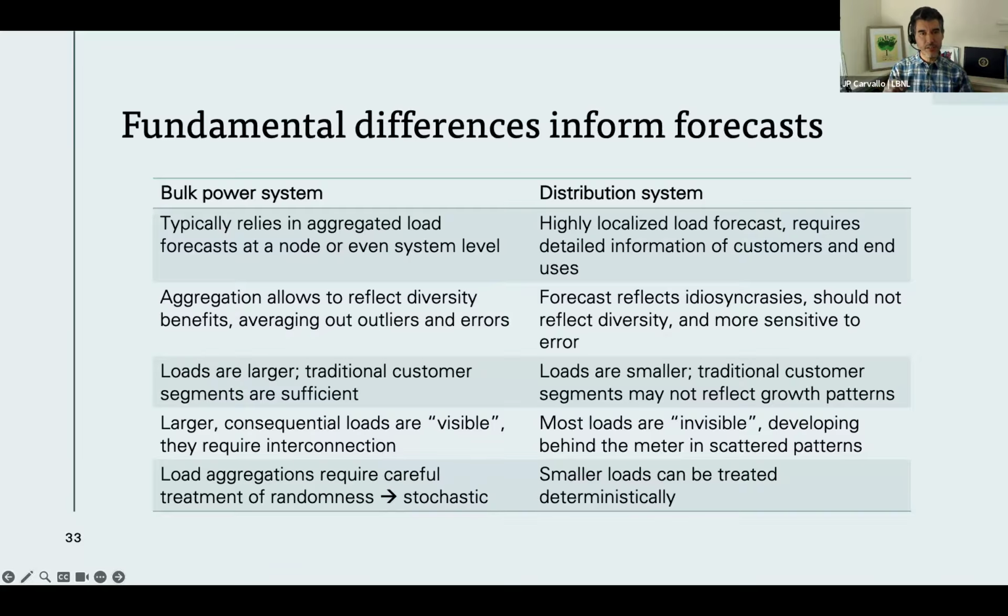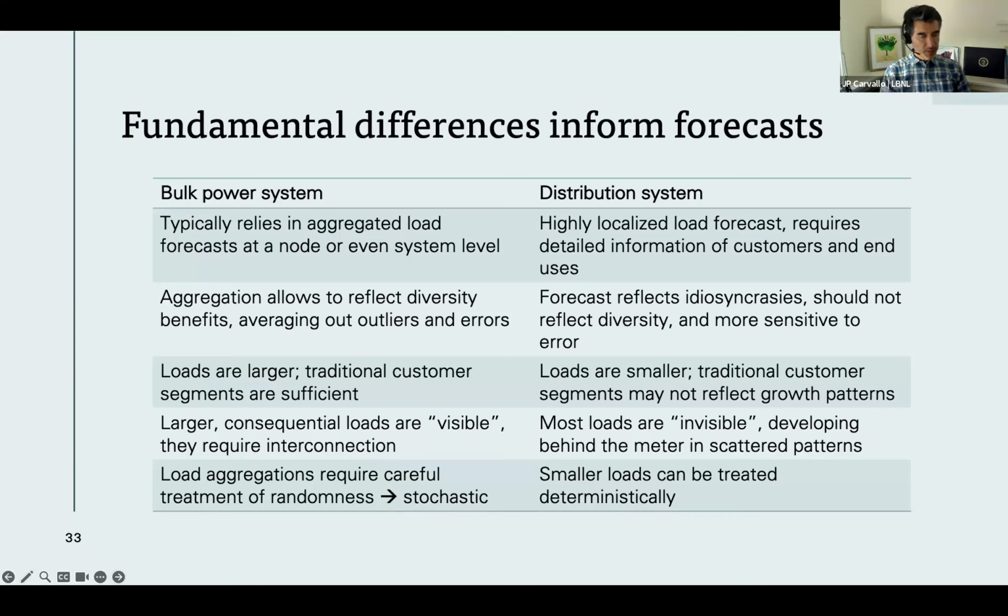They're made by individual customers, and we want to understand how these customers behave differently, but we want to keep that in the forecast. And as a trade-off, these forecasts are much more sensitive to error because I'm trying to reflect much more granularly what each customer is doing. And if I have a mistake or a certain bias in the forecast, that typically doesn't average out because I'm not having the opposite effect elsewhere and adding it up as I do in the bulk power system.